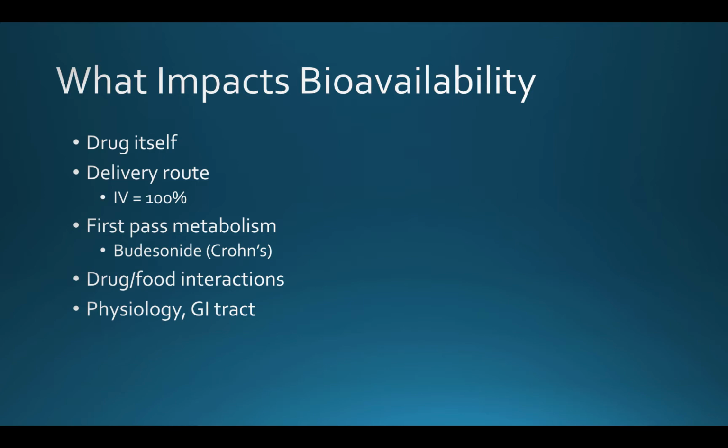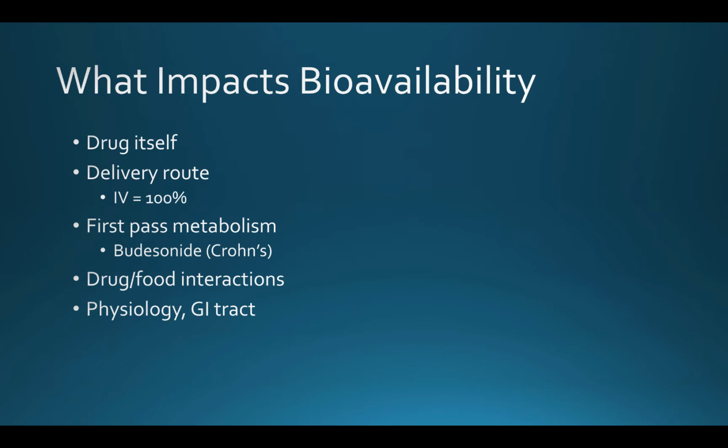First pass metabolism is an important thing to think about. So in the situation of budesonide, here's an example where we use it to our advantage. Giving budesonide in something like Crohn's, budesonide has a very high first pass metabolism rate. By doing that, we're limiting some of the systemic side effects of corticosteroids by not allowing a steroid to get into the systemic circulation.